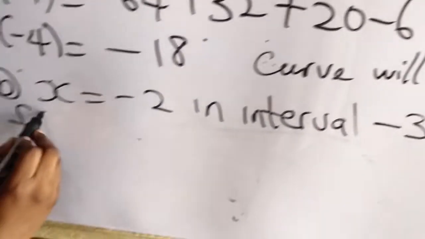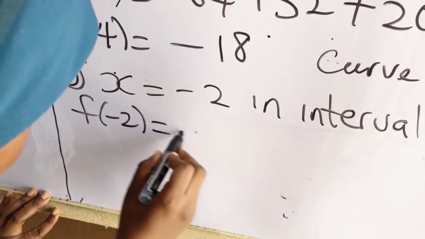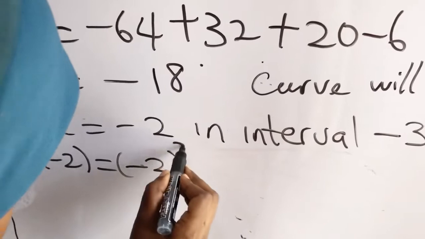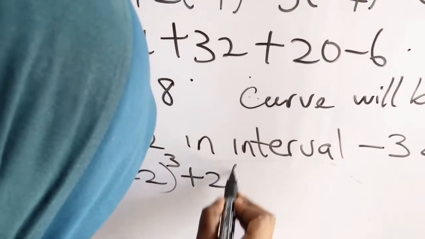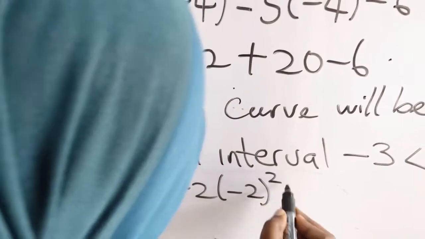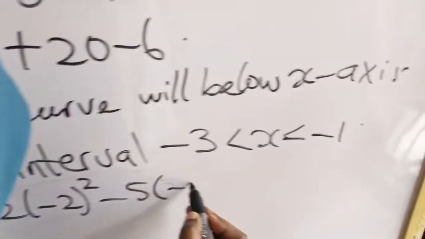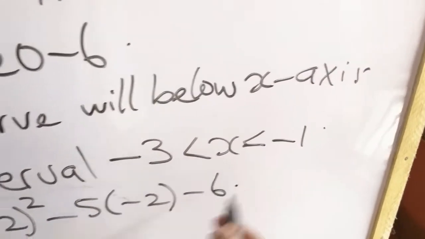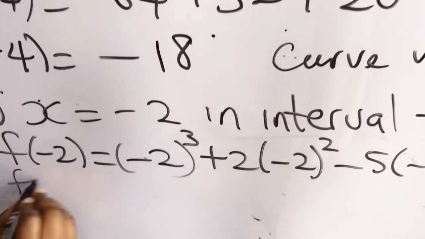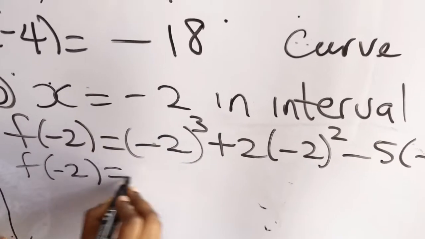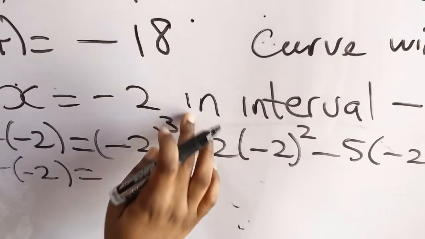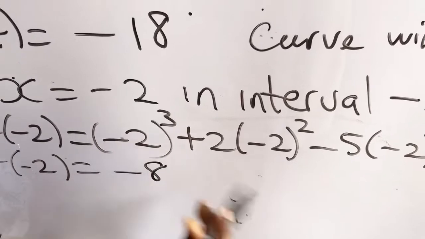So f of minus 2 gives minus 2 cubed plus 2 multiplied by minus 2 squared minus 5 multiplied by minus 2 minus 6. So f of minus 2 will be equal to minus 2 cubed is equal to minus 8.